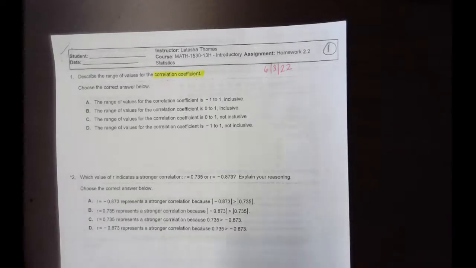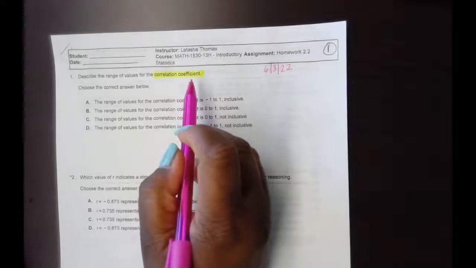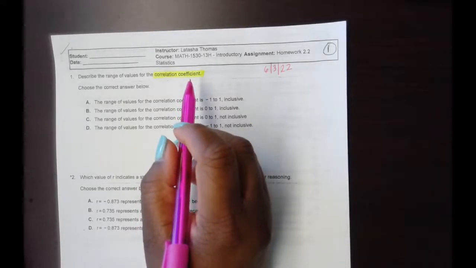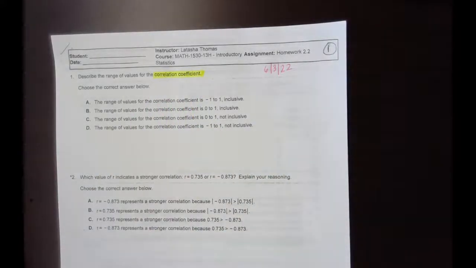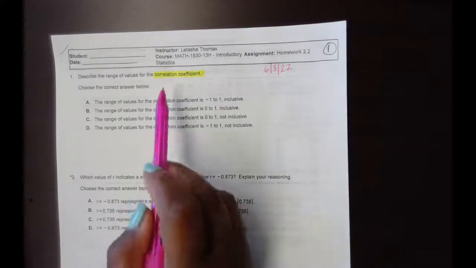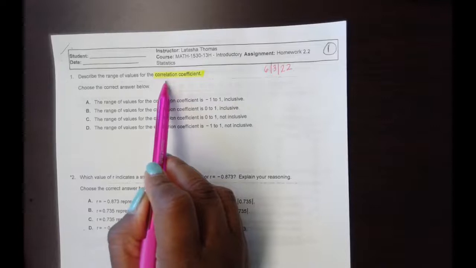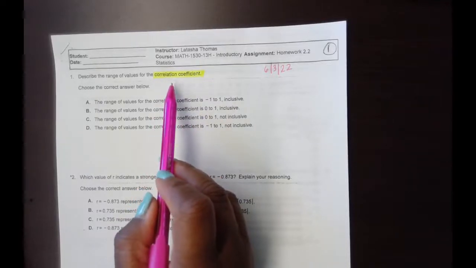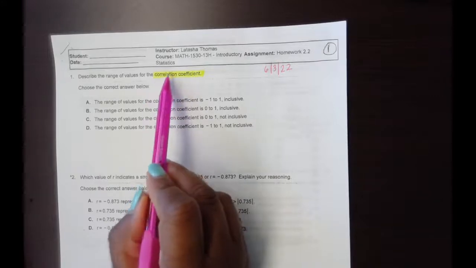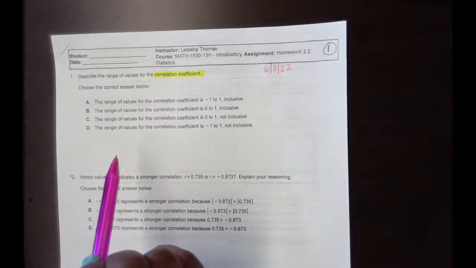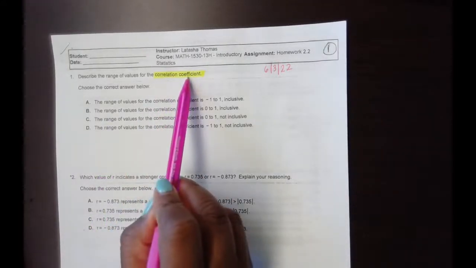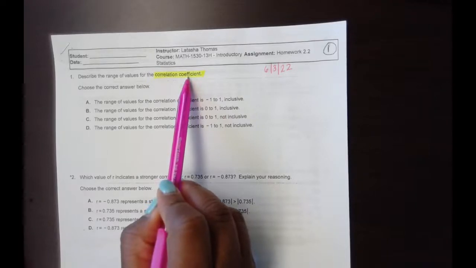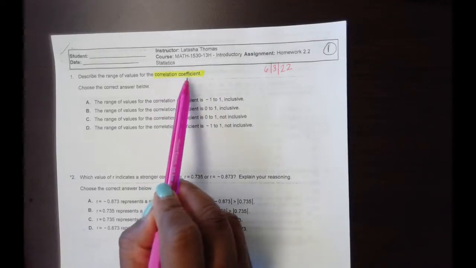The word coefficient outside of math loosely means how two parts work together. And so in statistics, the term correlation coefficient refers to the association of two quantities. There is a value that represents that association, and we call it the correlation coefficient.